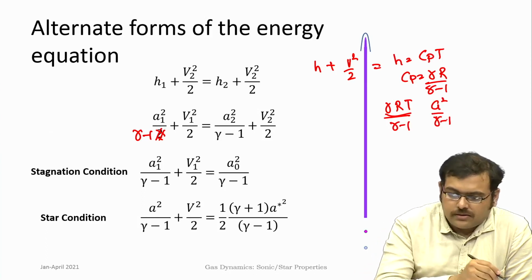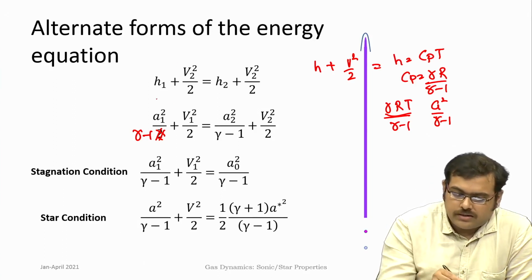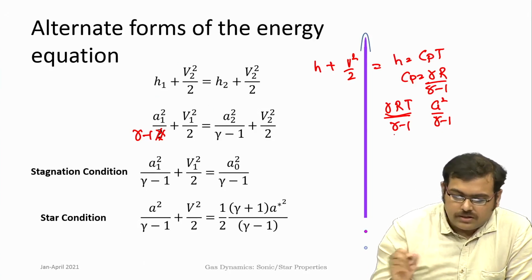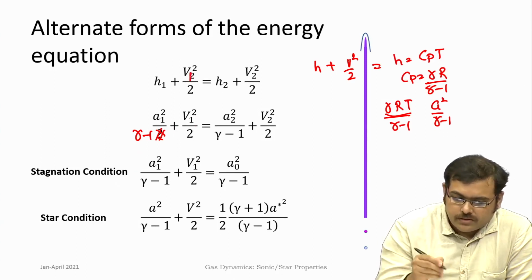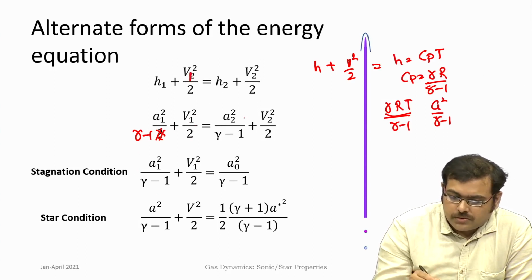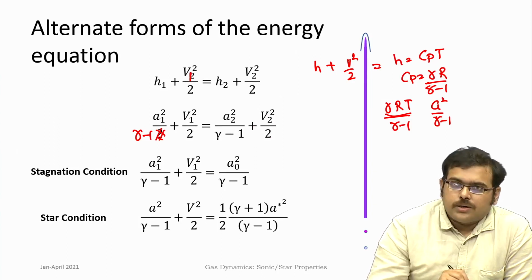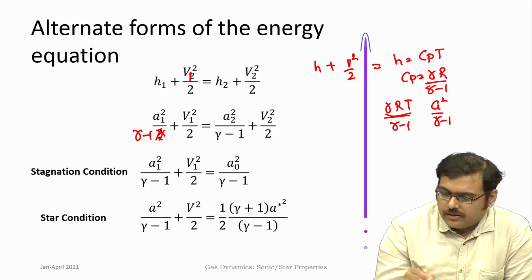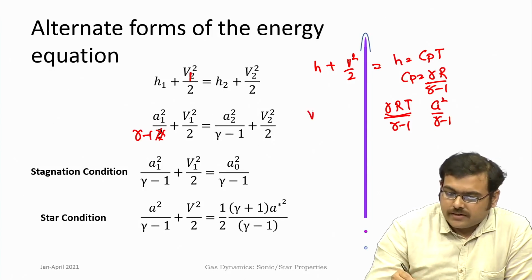So the adiabatic energy equation without any work done can be written in terms of the speed of sound also, where a1 square by (gamma minus 1) plus V1 square by 2 is equal to a2 square by (gamma minus 1) plus V2 square by 2. Now, when we are looking at a stagnation process, V2 tends to 0.